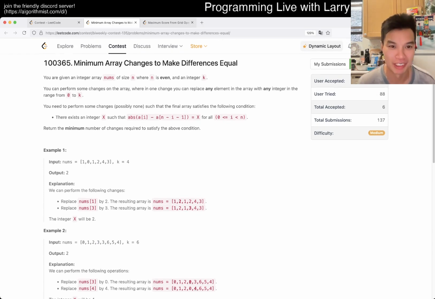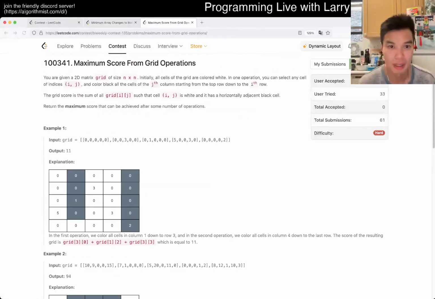I was just rolling along, but all right. Let's take a look at least at this problem. What are we asking here? Grid is the sum of grid i, j, such that i, j is right and horizontal adjacent, x score.